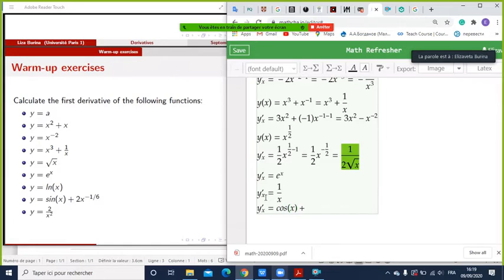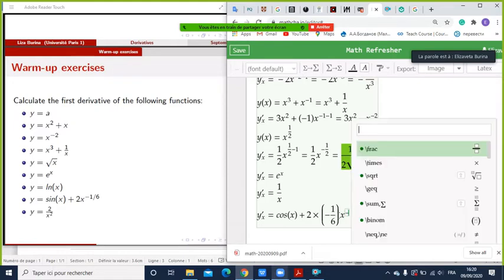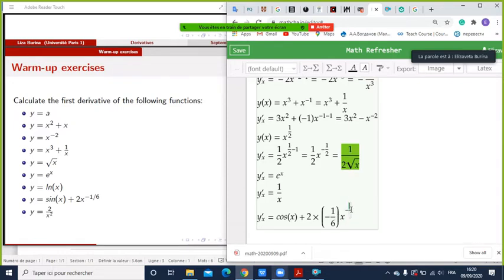And now the derivative of the second part will be 2 times, here let's write it as a fraction so we actually see the correspondence, and it was minus 1 over 6, and then x is now getting a power of minus 1 over 6 minus 1.